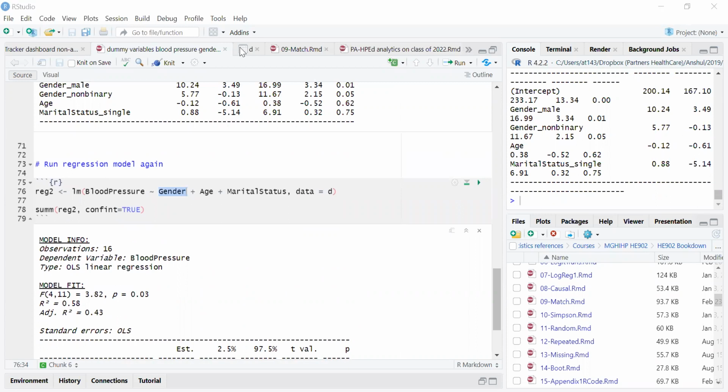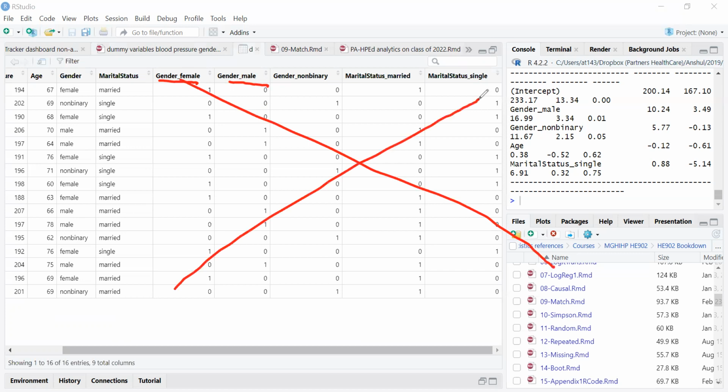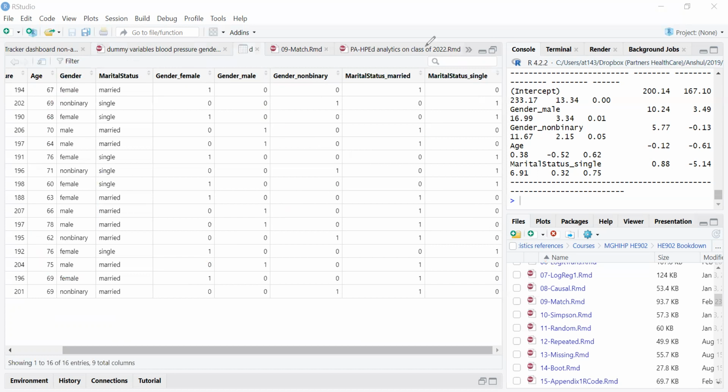So what I mean by that is, let's go back to our data. What if we did not have this and we did not have this? We didn't have any of these dummy variables. Let's say they were not there. And let's say that we just typed gender just to see what would happen, even though it contains words that the computer cannot understand. What does it do?